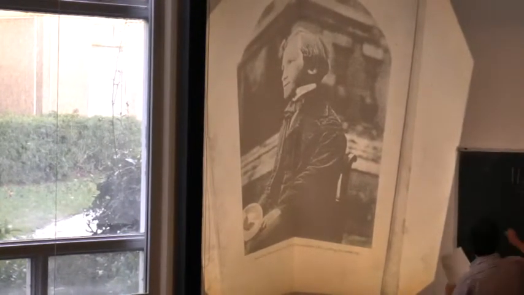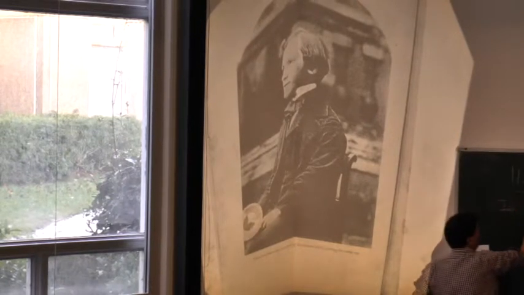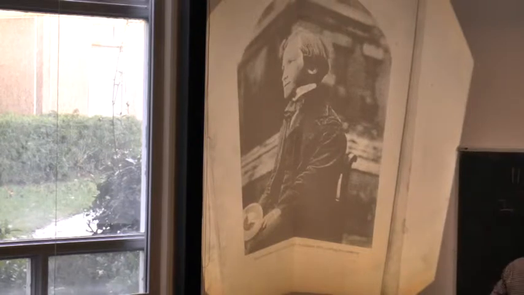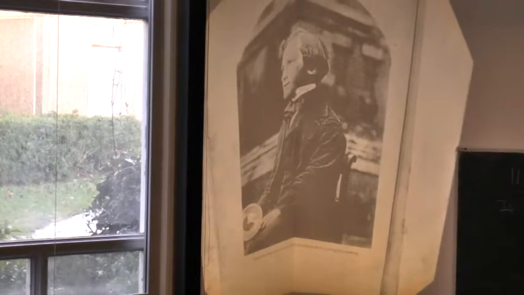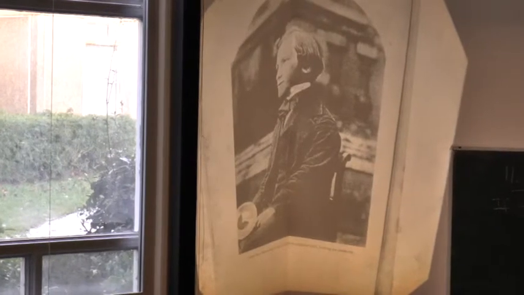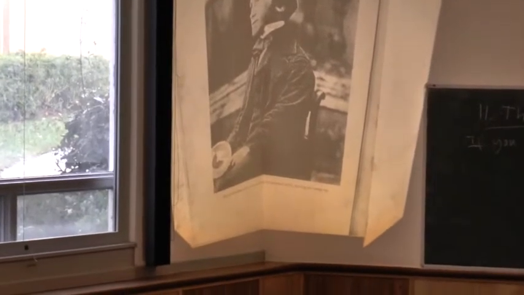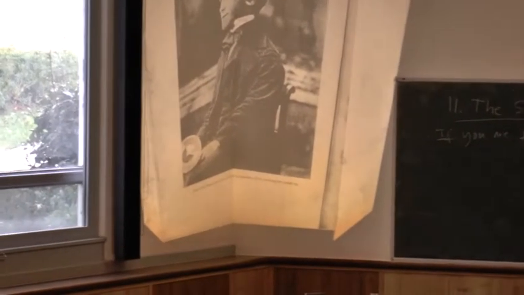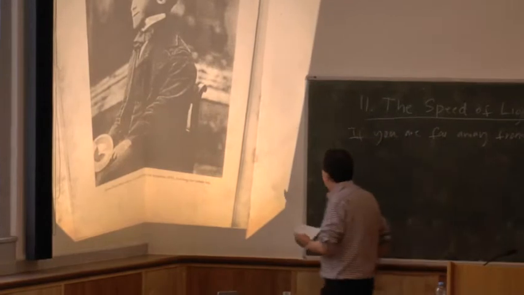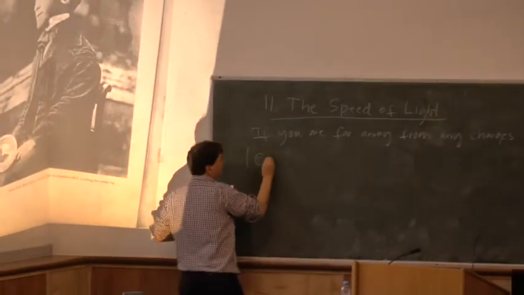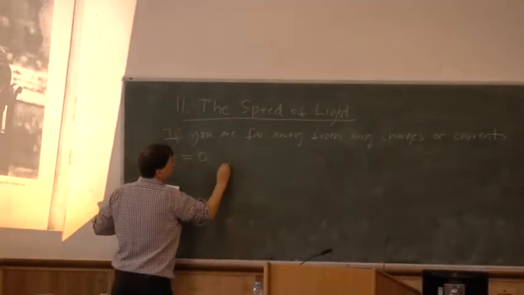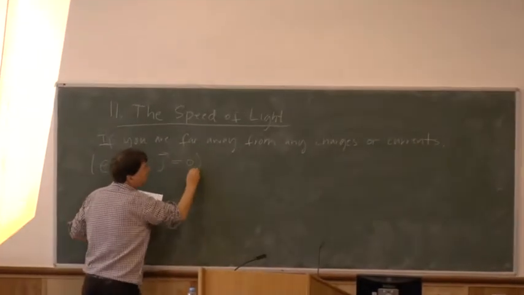The idea is if you are far away from any charges or currents, and of course all the early laws of electricity and magnetism were discovered close to the sources of charges and currents. So we're going to make the approximation that rho is naught and J is naught.